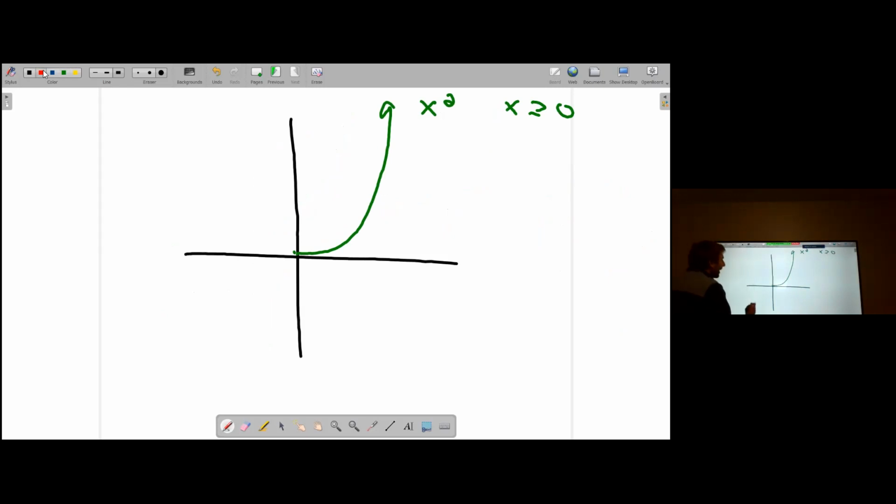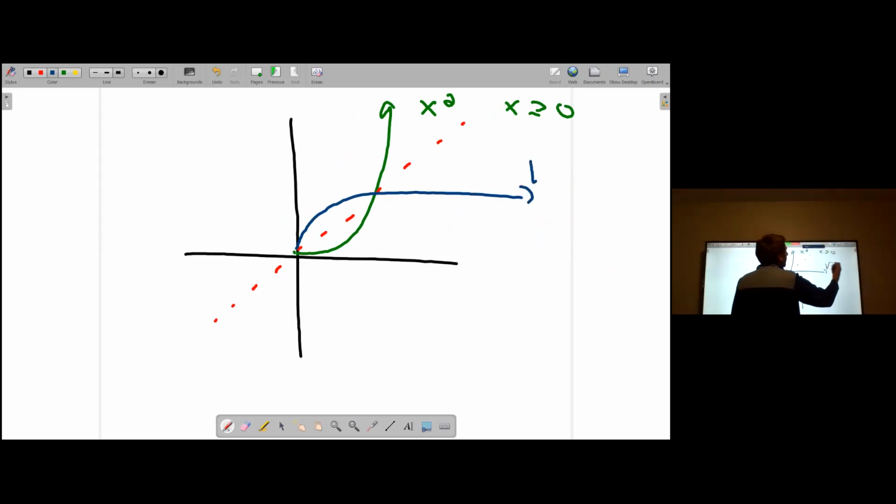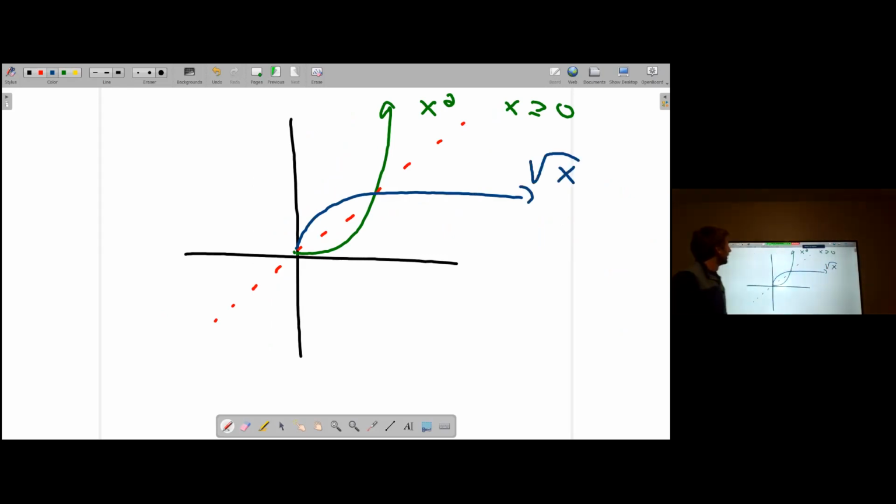If I draw that same line in, what should happen is the inverse of this function is going to be the flip of the green graph over this red dotted line. And that's exactly what you find, it looks something like this, which is, of course, square root of x. And those are inverse functions too. So you'll always get this kind of mirror image behavior when you're talking about inverse functions, which I think is pretty cool.